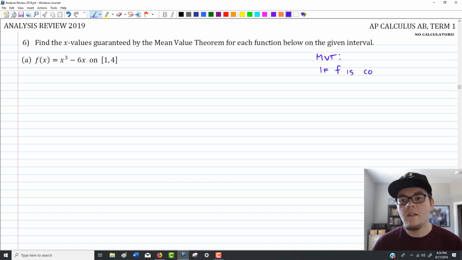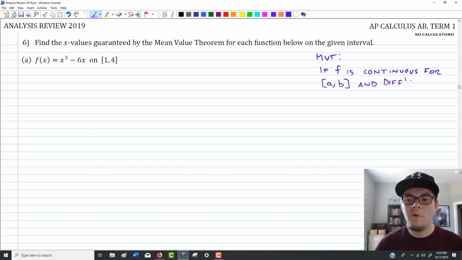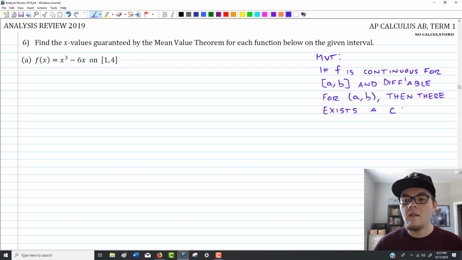First, if f is continuous on some closed interval a to b, and differentiable on the open version of that same interval, then there exists a c in (a, b) such that f of b minus f of a over b minus a equals f prime of c.